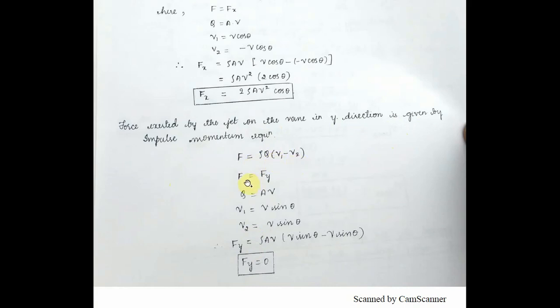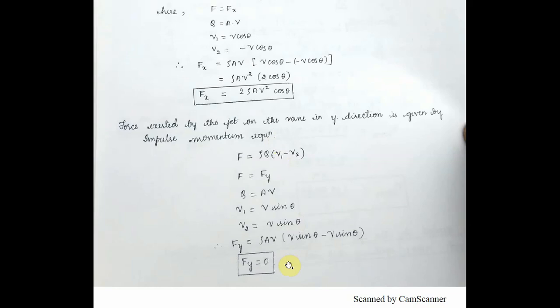Here instead of Fx it becomes Fy, and Q remains a into v. v1 is v sin theta in this case, whereas in the previous case it was v cos theta, and v2 is v sin theta, whereas in the previous case it was minus v cos theta. So Fy equals rho into a into v, with v1 as v sin theta and v2 as v sin theta. Since it is minus minus, the sin theta terms cancel, so Fy equals 0, and Fx equals 2 rho a v square cos theta.